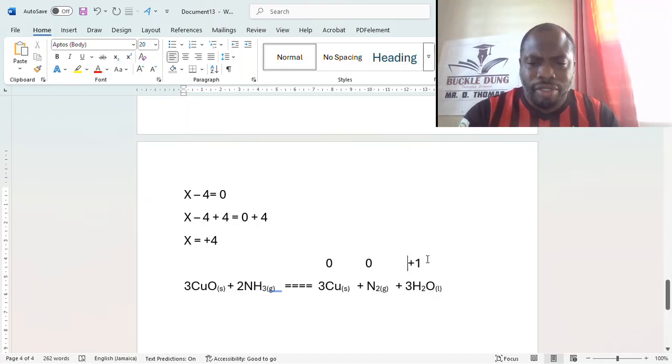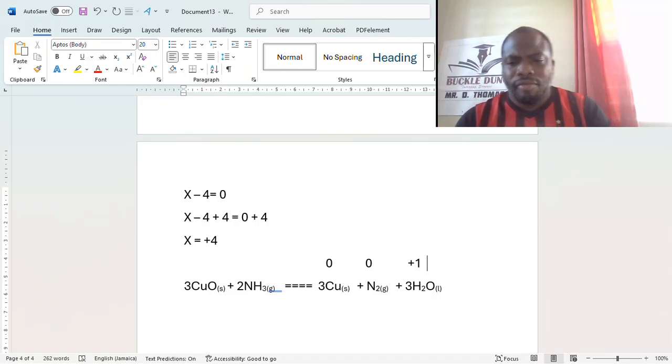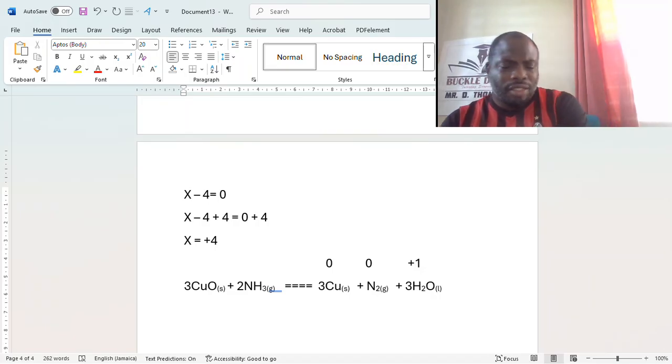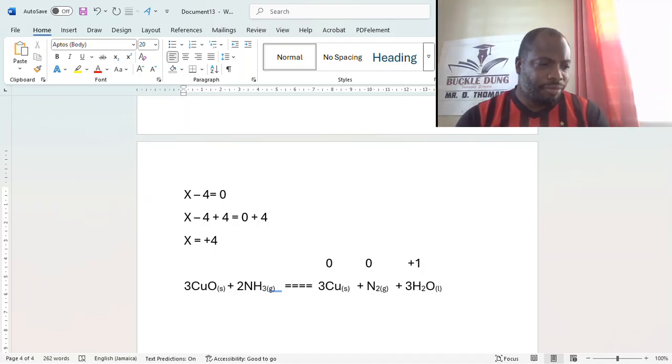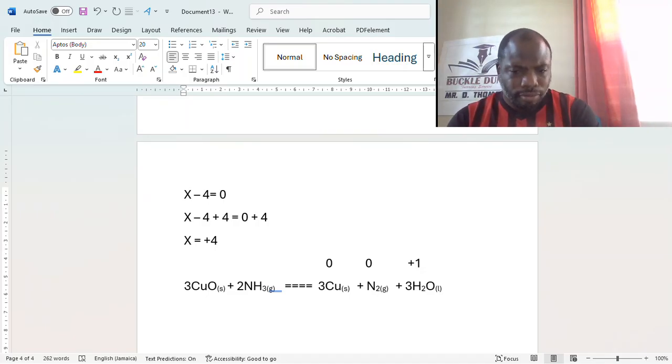Plus 1. And we know when we say oxygen, it's not a peroxide, it's just water. So what's the oxidation state? Negative 2.